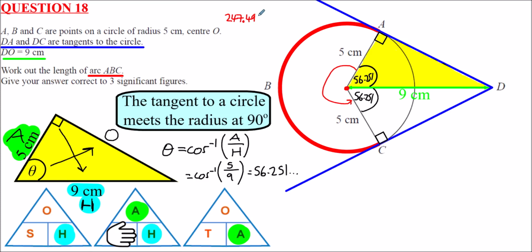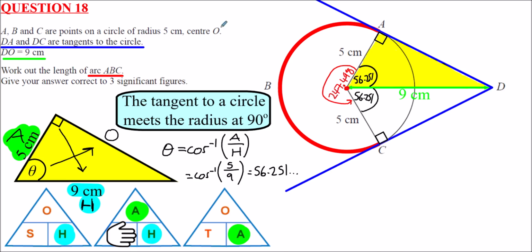But I can leave that on my calculator screen anyway, so that I don't need to remember all these figures myself. So I'm just going to pop this there like so, because that's the angle. Now, like I said earlier, the arc here is going to be a fraction of this circle.